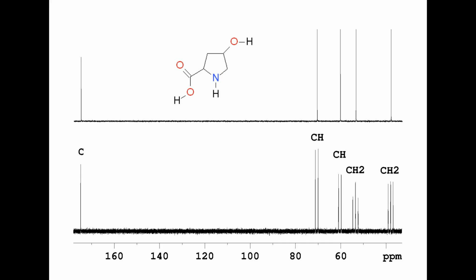The multiplicity provides information on the number of centers coupled to the signal of interest and their nuclear spin. For simple systems, as in 1H-1H coupling in NMR spectroscopy, the multiplicity reflects the number of adjacent, magnetically non-equivalent protons.